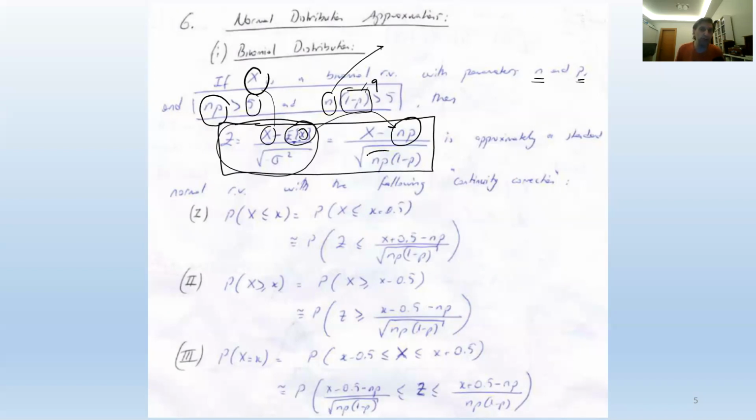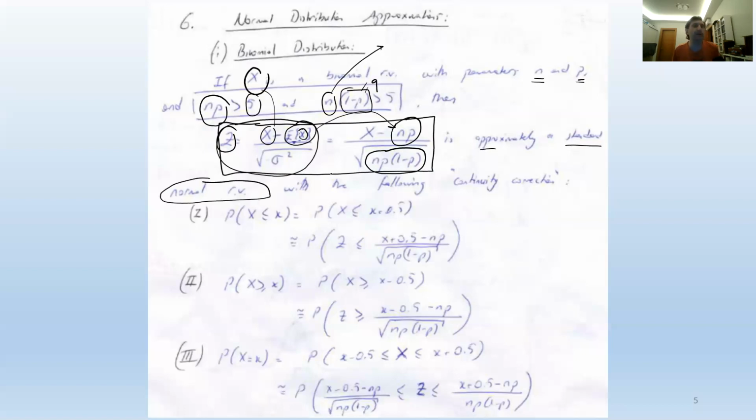And when it comes to the variance of the binomial distributed random variable, we just write its variance. So we use the information obtained from the binomial random variable in the standardized normal distribution. The surprising thing is that this resulting z computed under these conditions will be approximately a standard normal random variable.